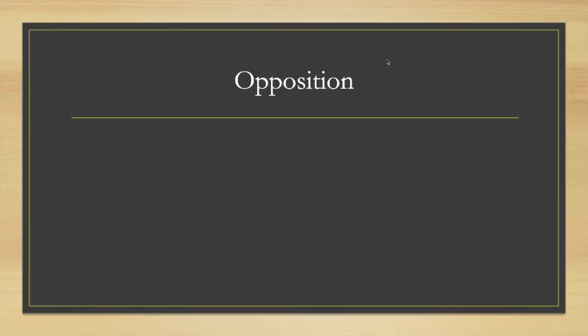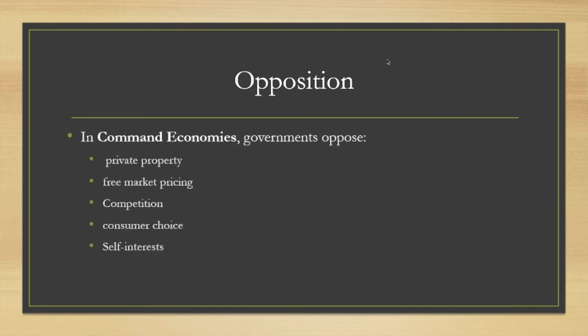In a centrally planned economy, the biggest opposition is against private property, free market pricing, competition, consumer choice, and self-interest, which is literally everything from a free market economy. These characteristics are what drive the free market. So centrally planned economies basically don't like this.